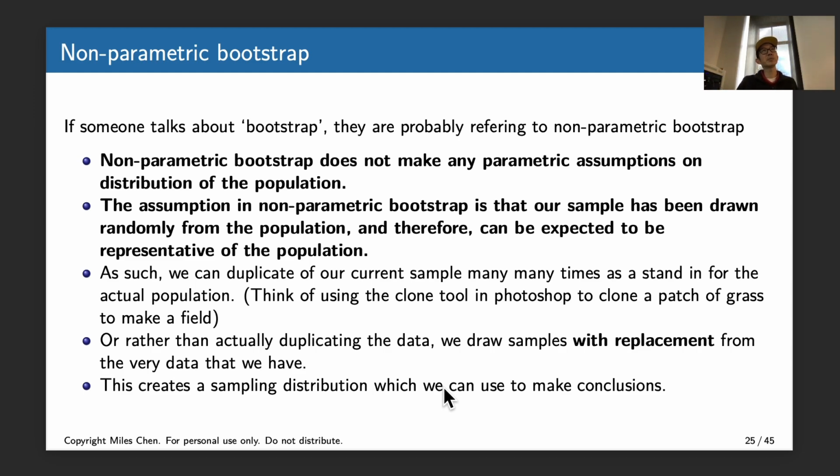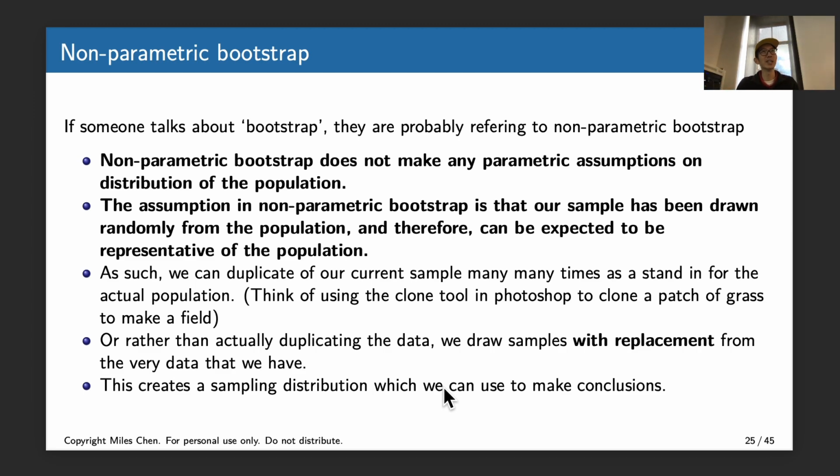But if there's something weird about that sample and you duplicate it, then you're going to have a whole bunch of weird things in your population. So just like if you take that clone patch of grass and you clone it, but in that patch of grass there's a funny hole in the grass, and you duplicate it, then your field's going to look funny because you've got a bunch of holes spread out all over the field.